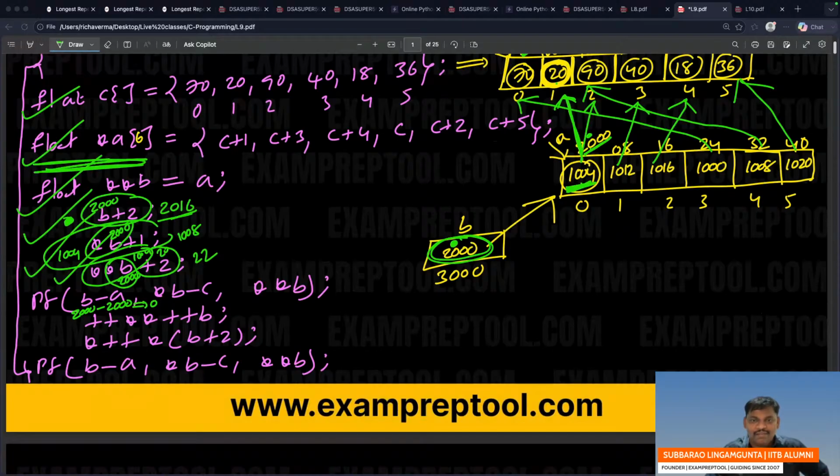Okay. Fine. Perfect. Now come here. Now see, if you are subtracting two addresses, those two addresses should belong to the same array. Where is the 2000? Where is A? Both are here.